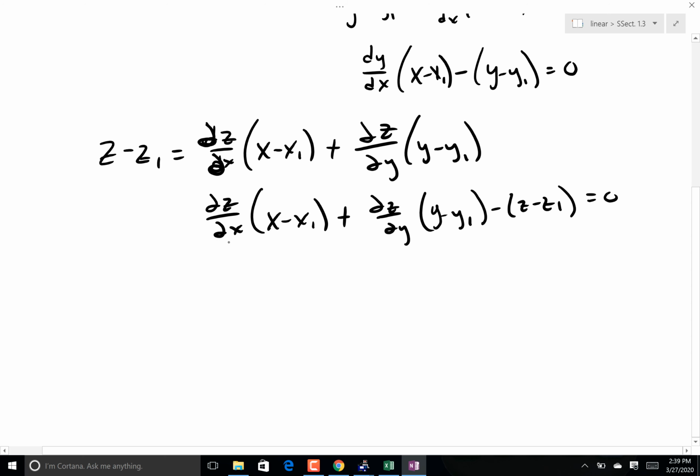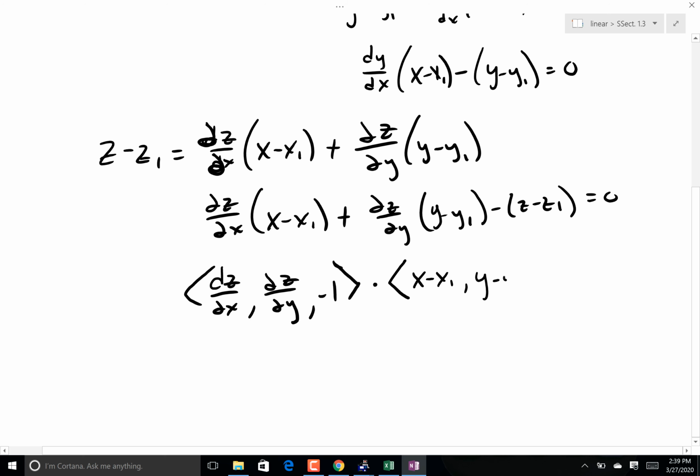But when you look at this, you think to yourself, wait a minute. If I were to do this, I could factor this out, and then I can dot product it with a vector, equals 0. That's one way to do it.